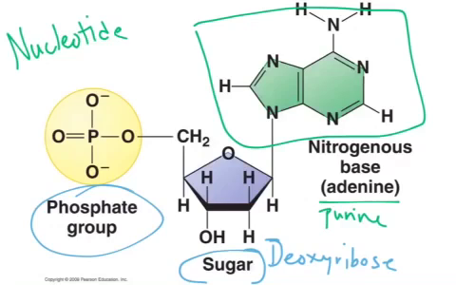Now, only certain nucleotides can bind with specific other nucleotides. In other words, purine bases can only bind with pyrimidine bases. This means that adenine can only bind with thymine, and thymine with adenine, where guanine can only bind with cytosine, and cytosine can only bind with guanine. So let's look at this.